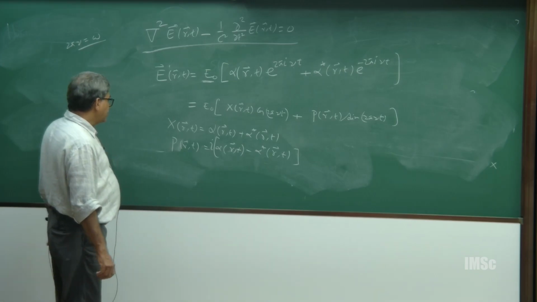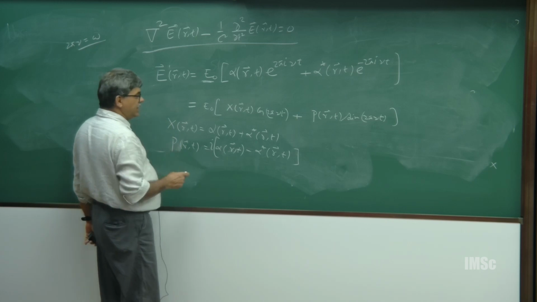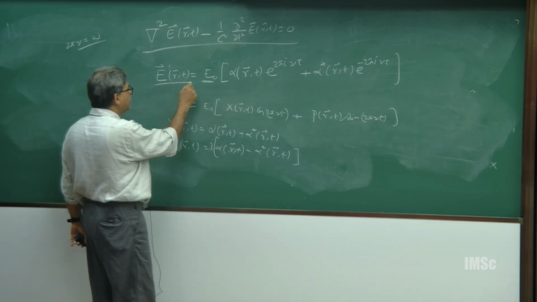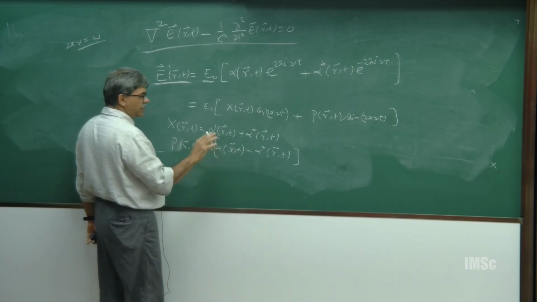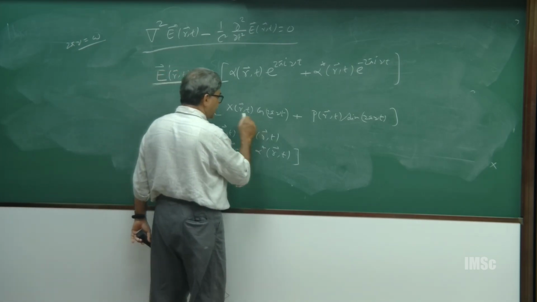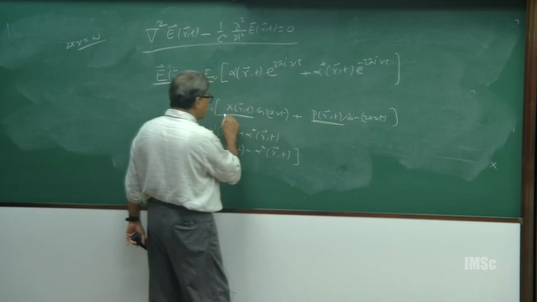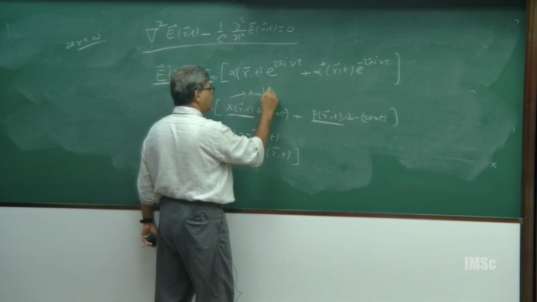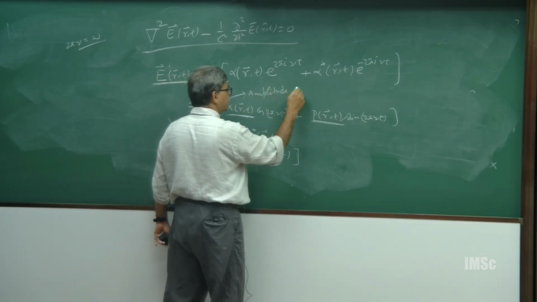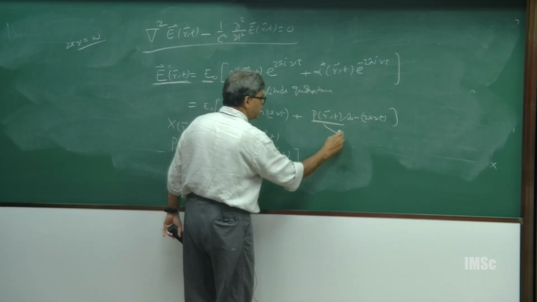So, basically you see that you can write this single mode electromagnetic field with these components. This is the cosine component and this is the sine component. These are called the amplitude quadrature and the phase quadrature.